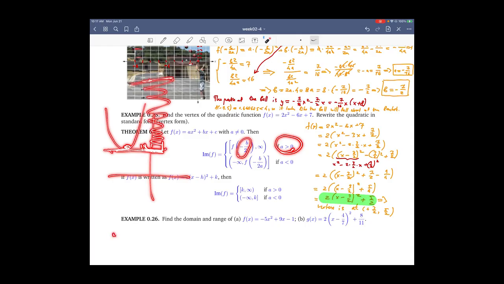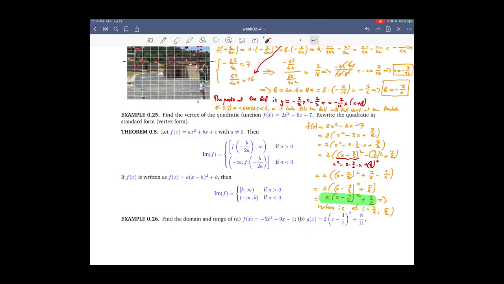And if the parabola is opening downward, which happens if and only if a is less than 0, the image of our function is from negative infinity up to the y value of the vertex.